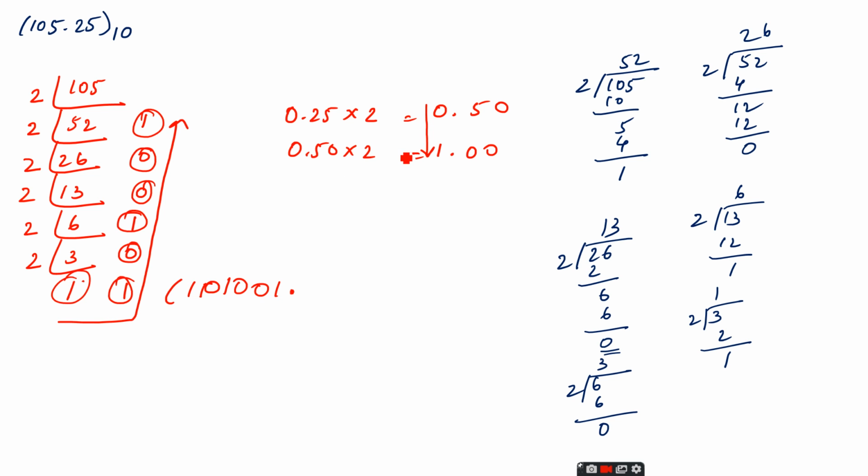Now we will write the binary value of this fractional part. First we will write 0, 0, then next 1, and we will write base 2. So this is the binary equivalent of this decimal fraction. So in this way we can convert a decimal number to binary and a decimal fraction to binary.